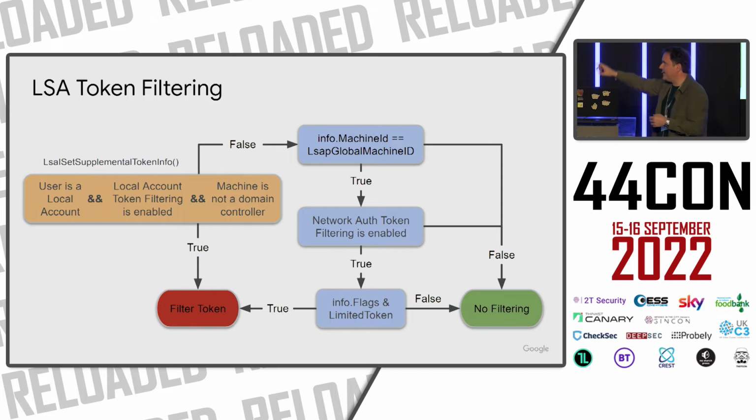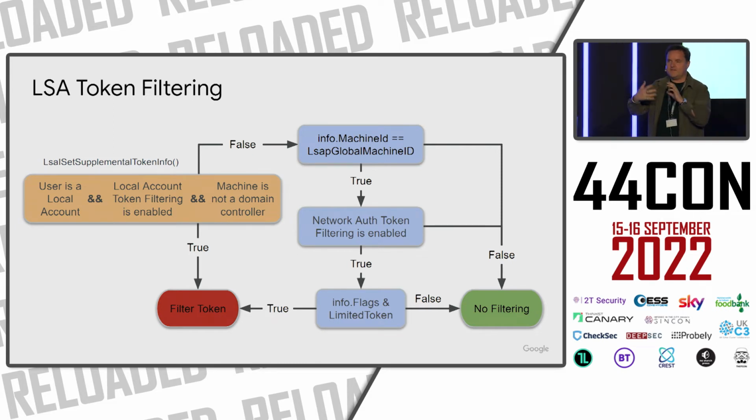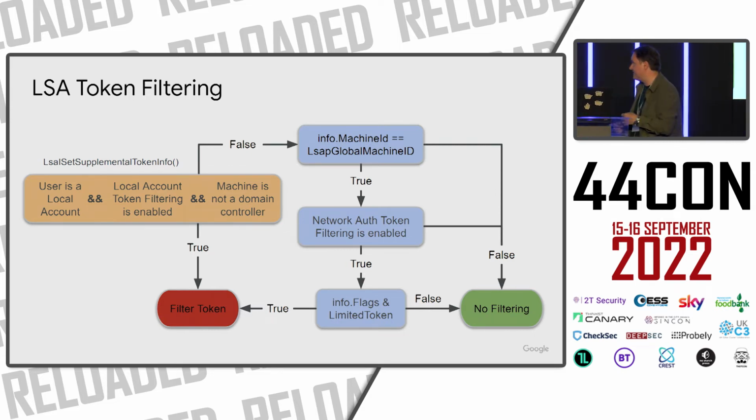And depending on what values are in that structure will depend on whether it actually filters your token, which is the action of taking your administrator token and removing administrator access rights, so that if you're connecting over SMB to the local system, it will only connect as a normal user. It won't connect as an administrator user, even if you're running as a UAC admin. So if we can affect this filtering process, we can bypass UAC in that regard.